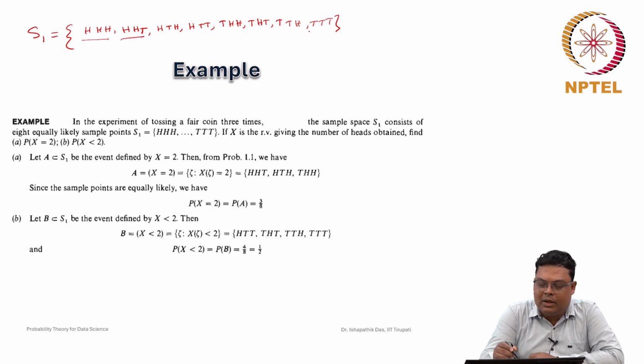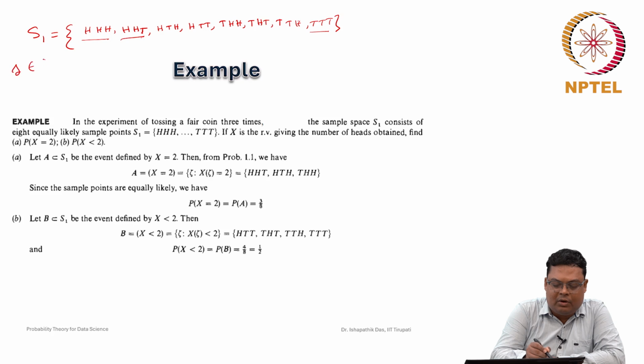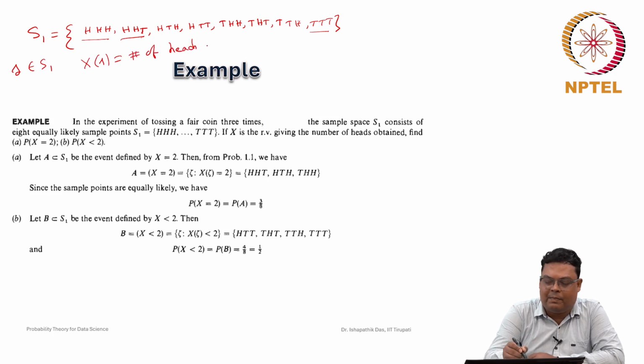Similarly, if we see this observation, the number of heads will be 0. So X is defined as the number of heads obtained: for any point S belonging to S1, X of S is the number of heads obtained.